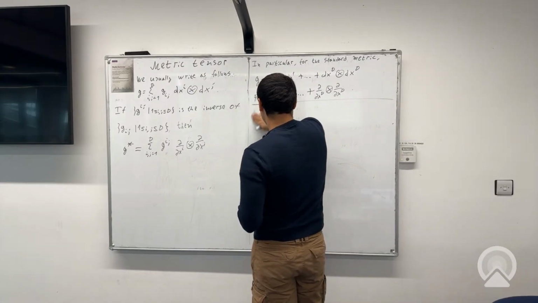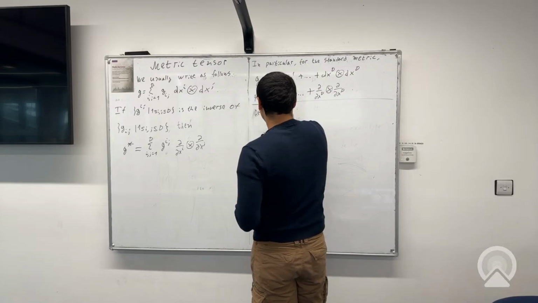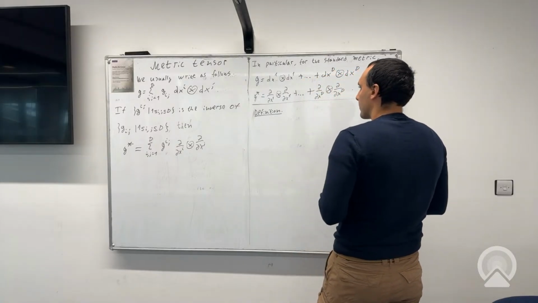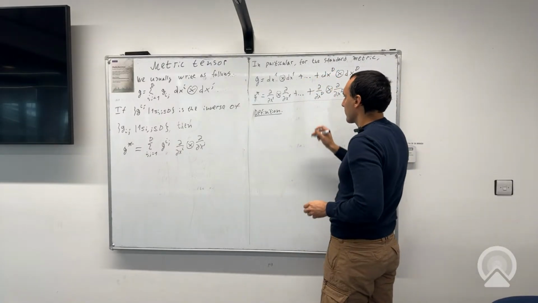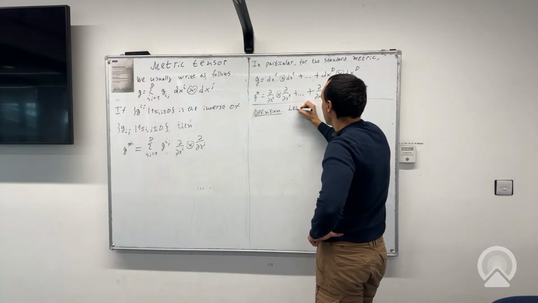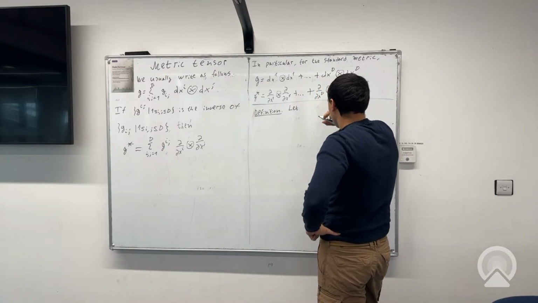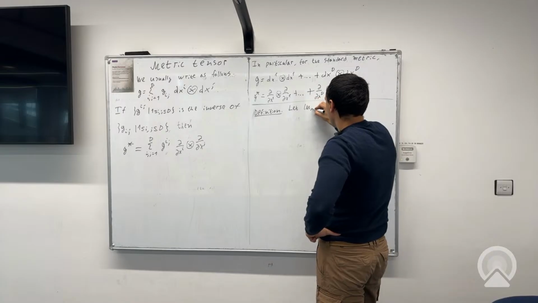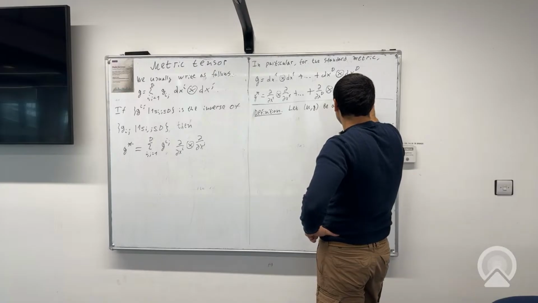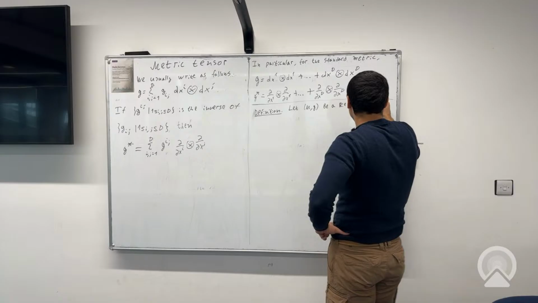For the definition, now let (M, g) be a smooth manifold, a Riemannian manifold.